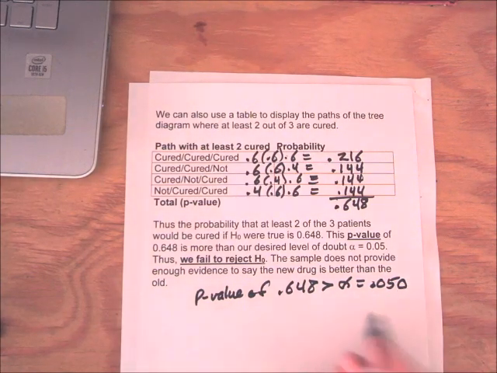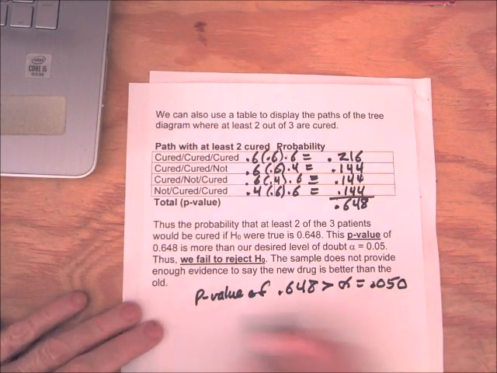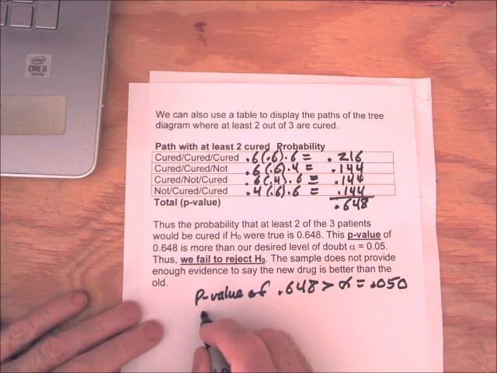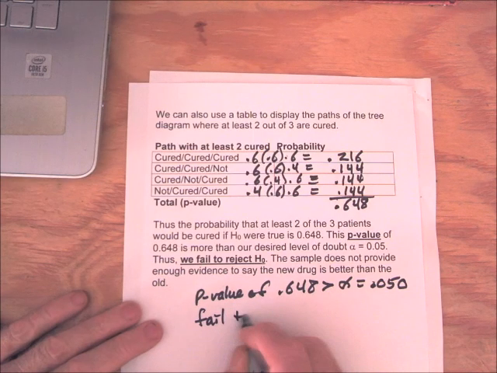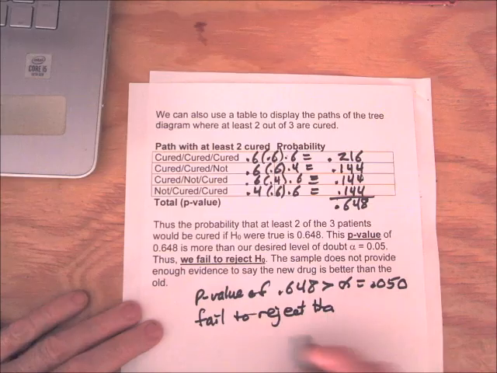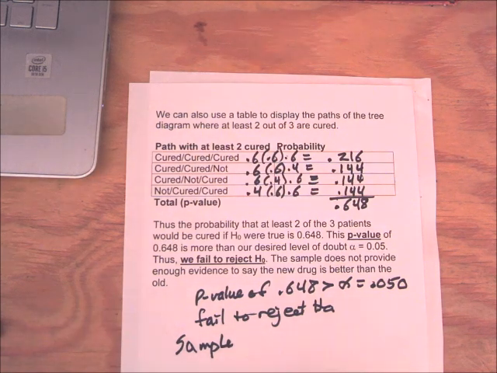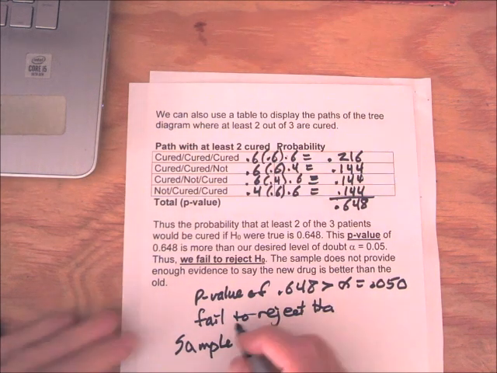So 648 is more than 50. So that means we fail to reject H0. The sample does not provide enough evidence to say the new drug is better than the old drug. Technically, we never accept H0. Either we reject H0 or we don't know.